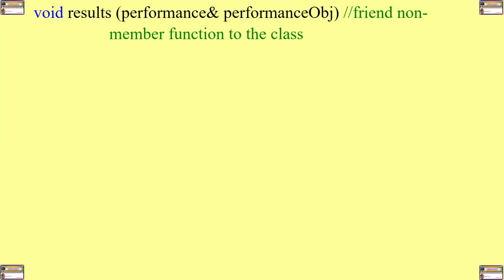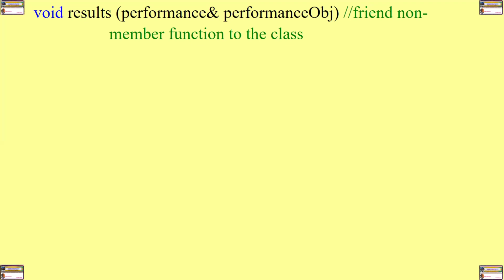So this function called results is receiving a parameter for manipulating the class called performance. And what is the parameter? It is the object or the instance of the class called performance, which is performance object. And what is being received is the address. So this is a pointer.